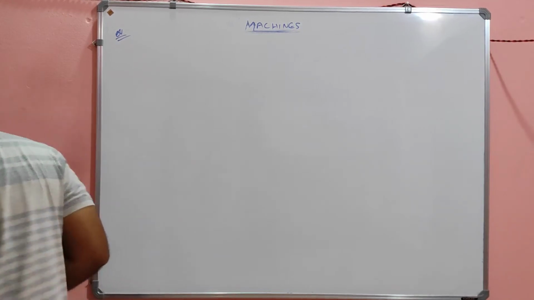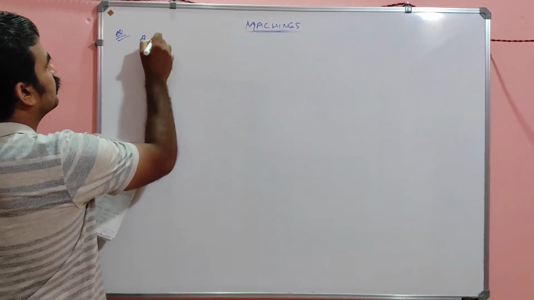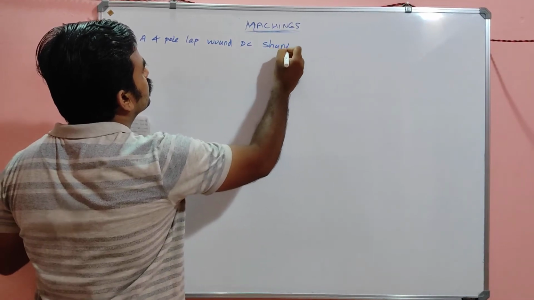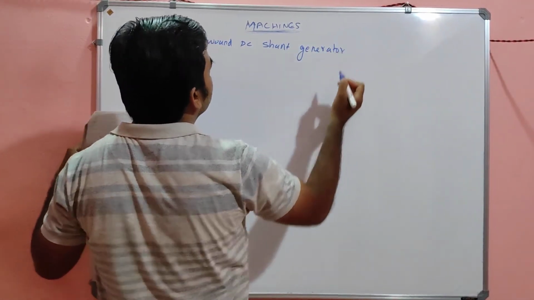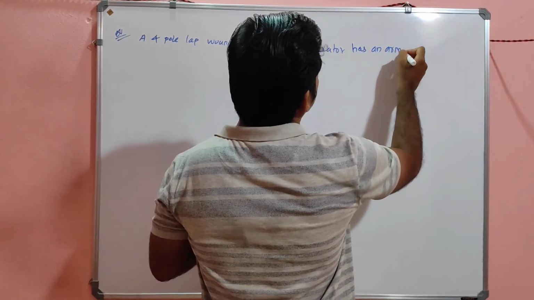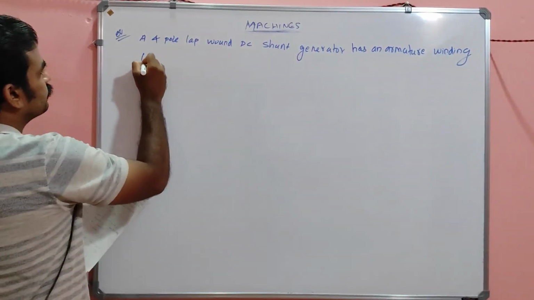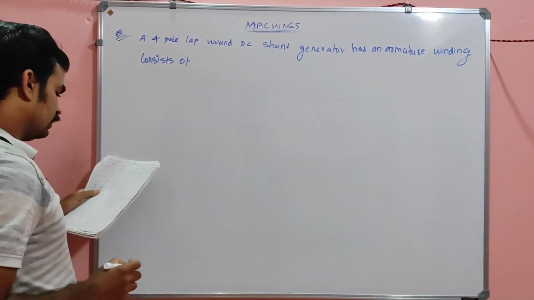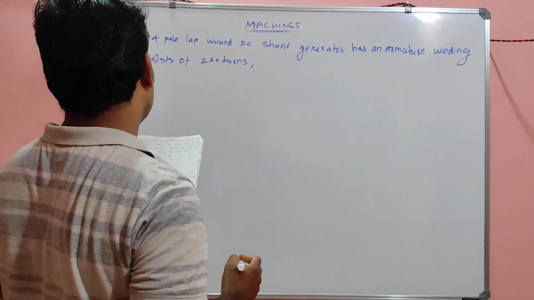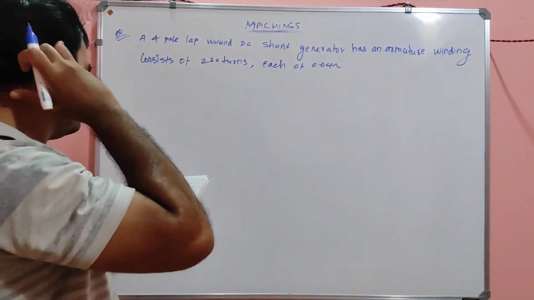Write another question. A 4-pole lap wound DC shunt generator has an armature winding consisting of 220 turns, each of 0.02 ohm.